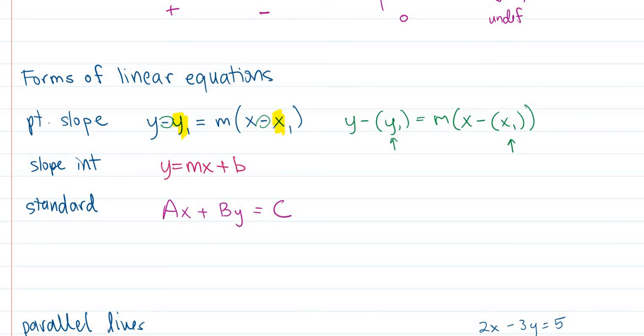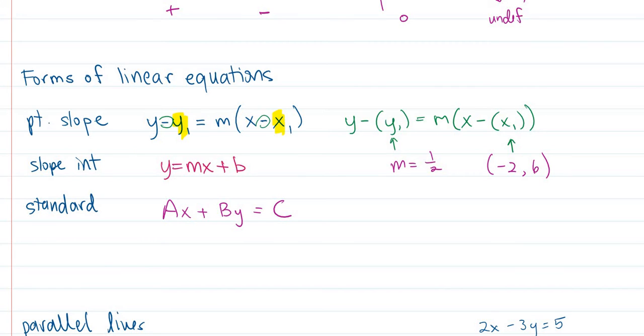With all of these equations, you can use point slope form and just convert it to both slope intercept or standard form. So say, for example, we had a slope equal to 1/2 and a coordinate of (-2, 6).